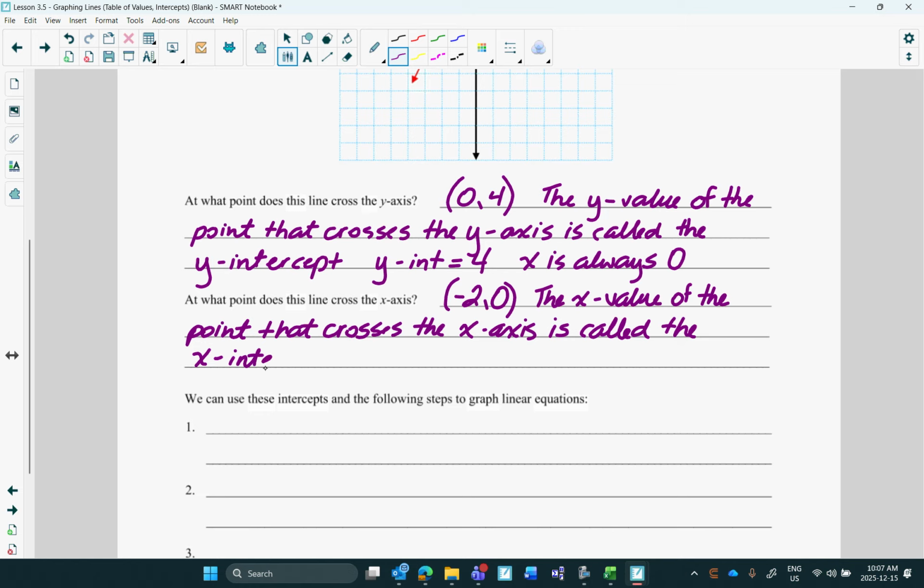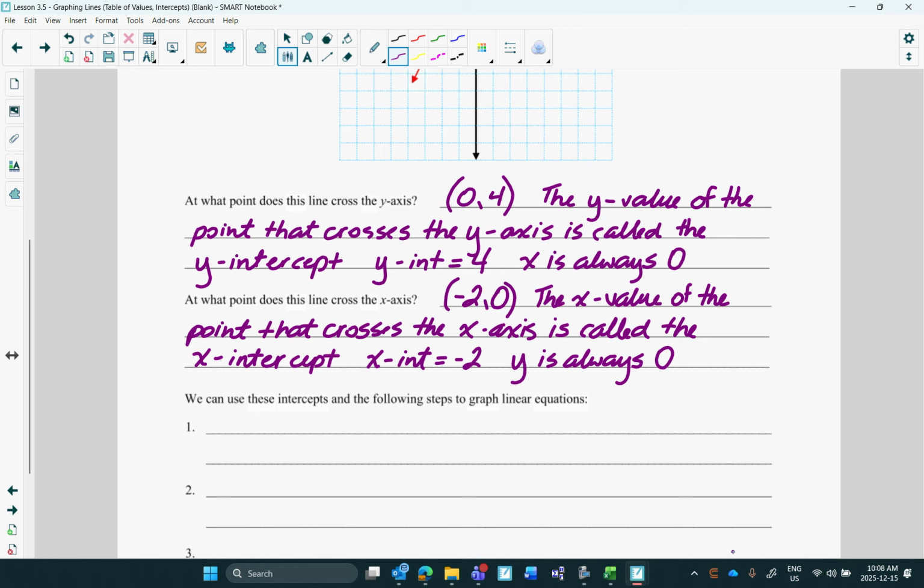But when we talk about the x-intercept, we only say -2. We don't say -2, 0. What's the y value of every point on the x-axis? 0. So we can use this information to graph equations using this intercepts method.